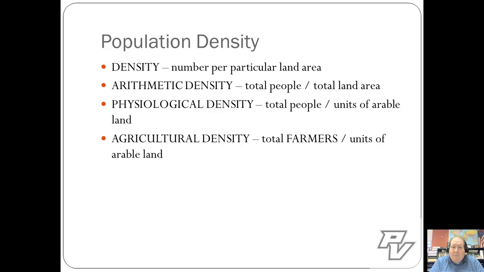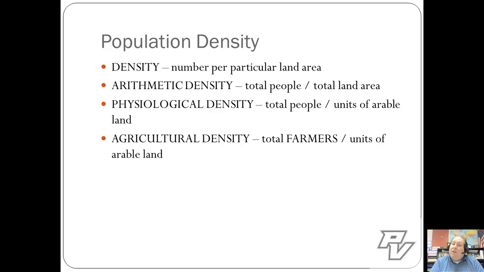Physiological density gets to be a little more complex. Physiological density is the total people divided by the units of arable land. This is typically a track of how much a society is going to be able to provide for itself agriculturally. If a country has a very low physiological density, meaning very few people per units of arable land, that's typically a sign that they're going to have enough land to feed their populations.